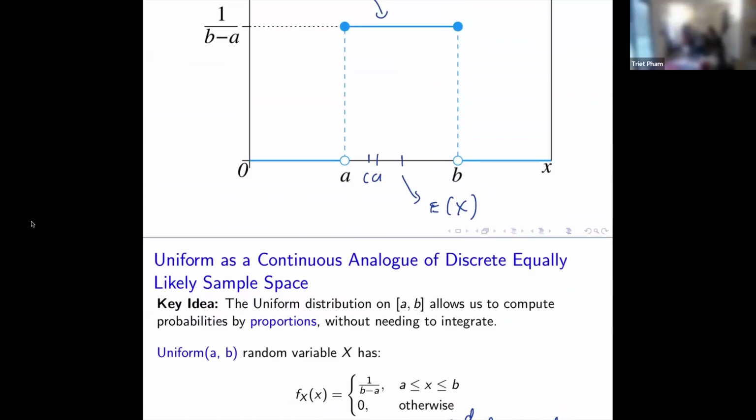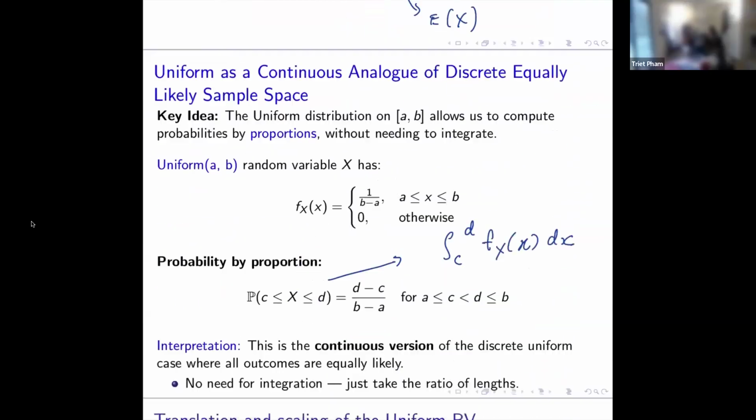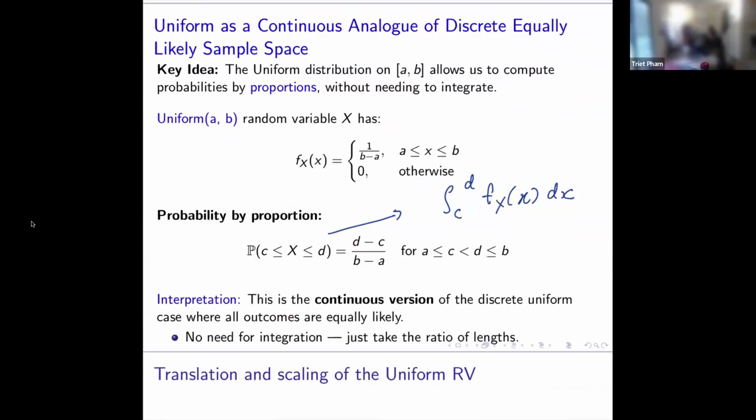So the probability is just proportional; how much you are in CD over the total is the probability. That's the continuous version of equally likely outcomes in the discrete case. Any question about this?